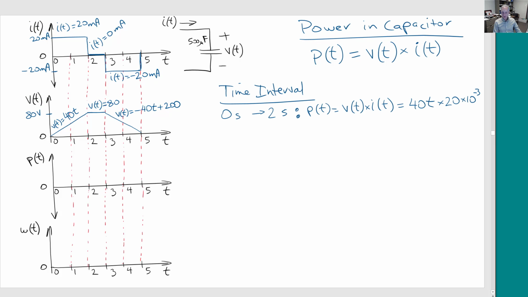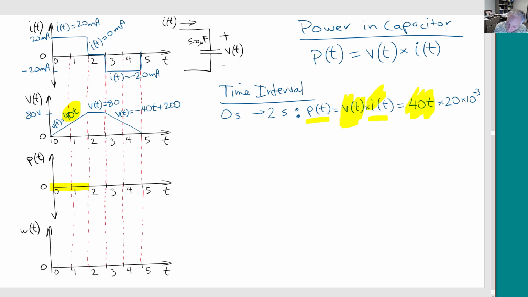Okay, so let us do the first time interval. So we're doing the first time interval here, okay? We're calculating the power, and our equation is power is equal to voltage times current. So when we're doing voltage, we're taking this voltage here, 40t, and putting it in our equation.